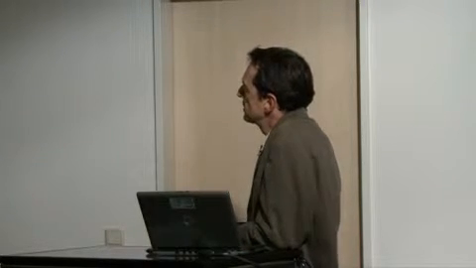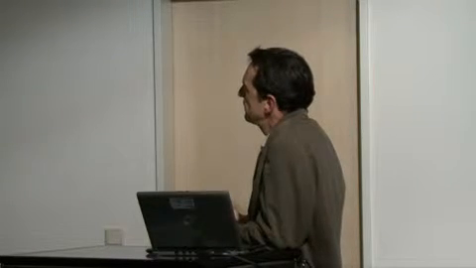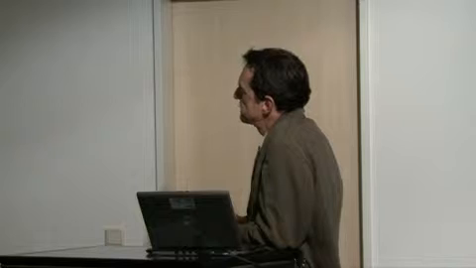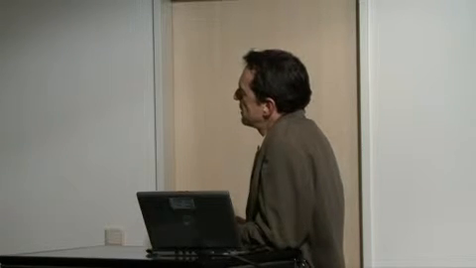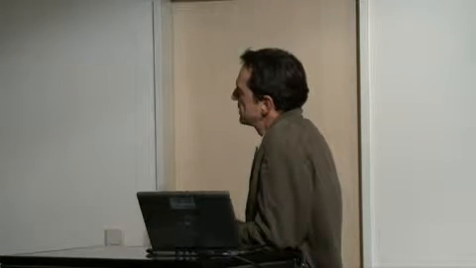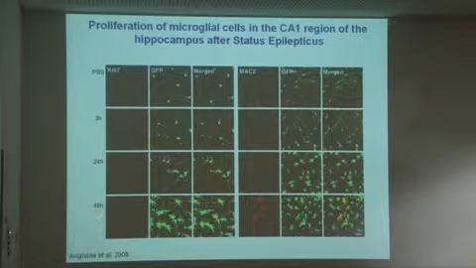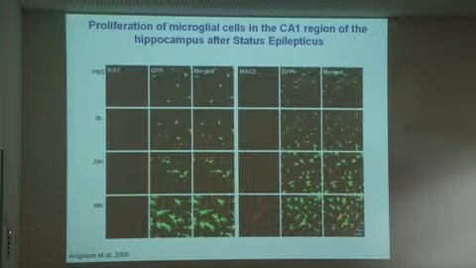We have at least checked that some of those cells are indeed proliferating. This is a double labeling of GFP together with Ki67. And you see that after 24 hours we have some labeling, more evident here at 48 hours, that colocalizes this proliferative marker with the GFP of the microglial cells.